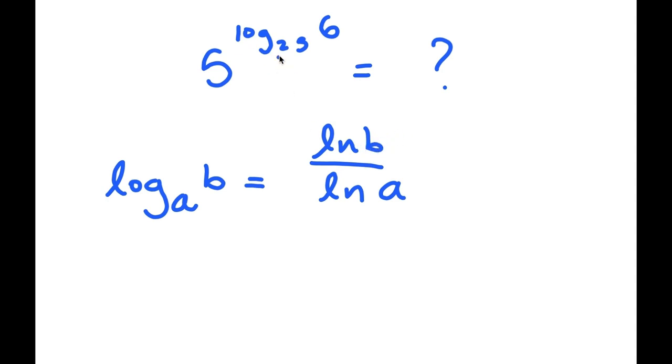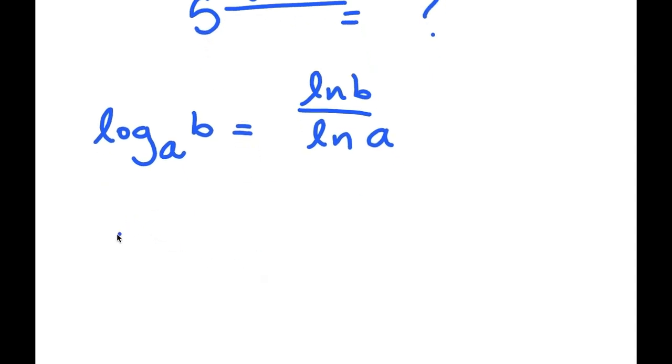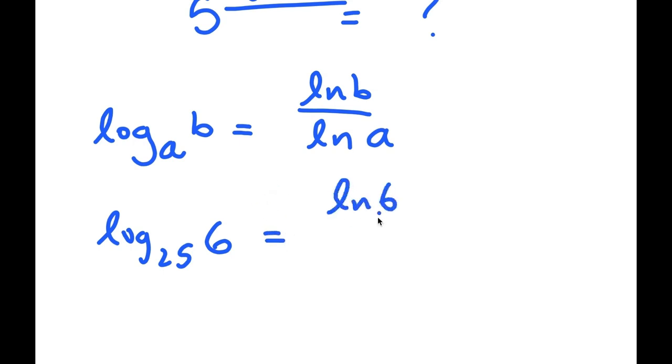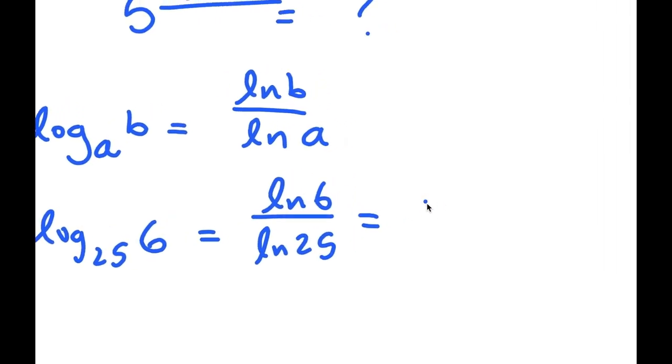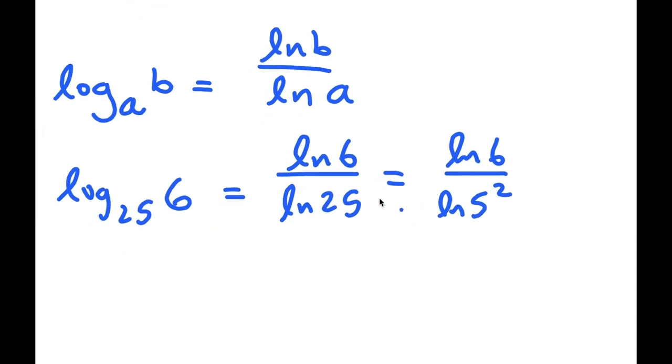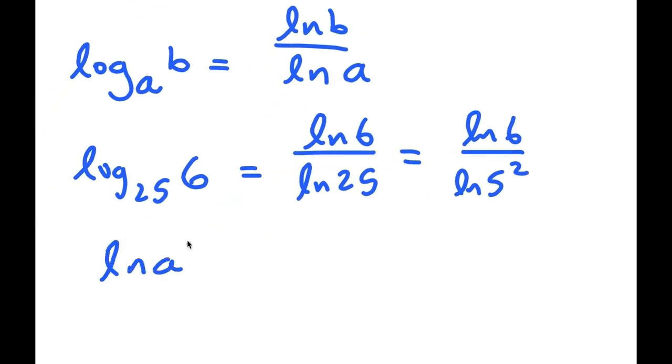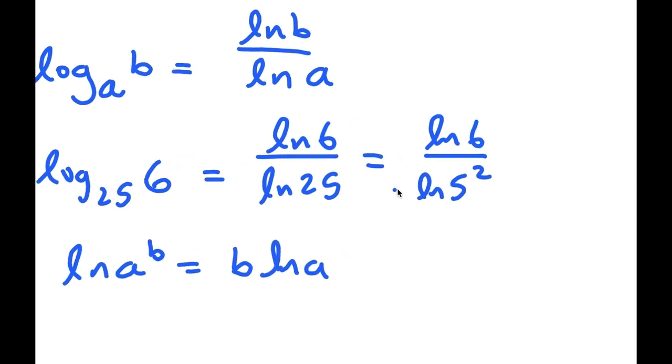So in this case, I have log base 25 of 6. And this is the same thing as ln of 6 over ln of 25, which is the same thing as ln of 6 over ln of 5 squared. Now another property of logarithms is if I have something in the form ln a to the power b, this is equal to b times ln a.